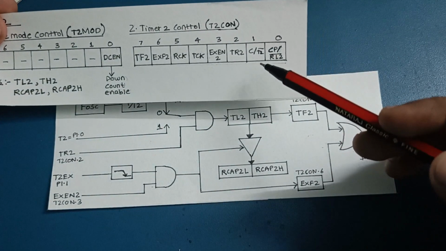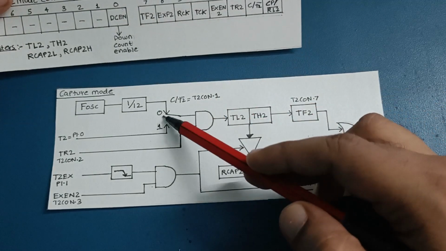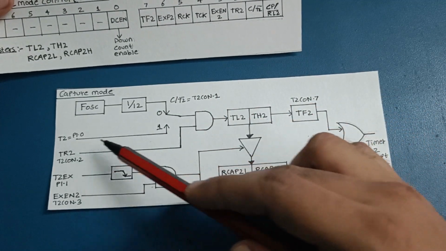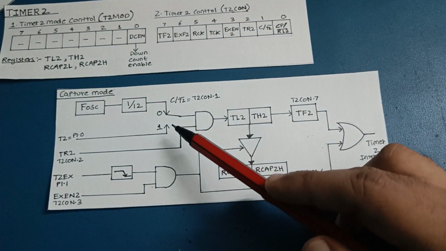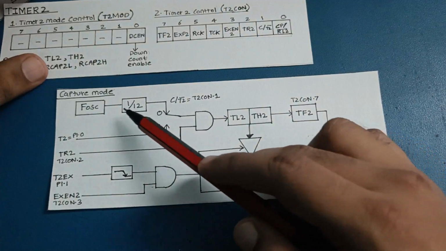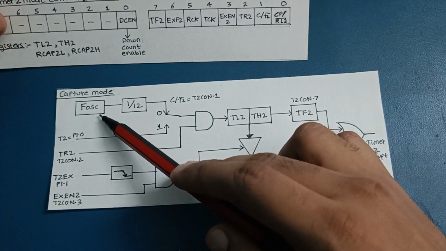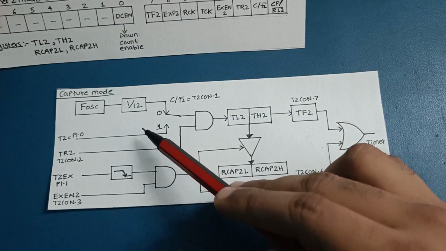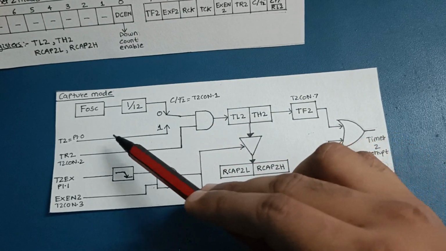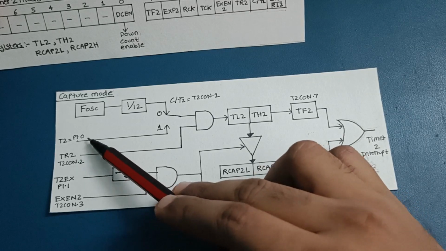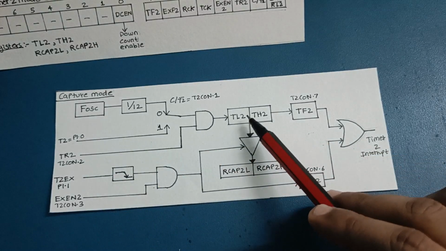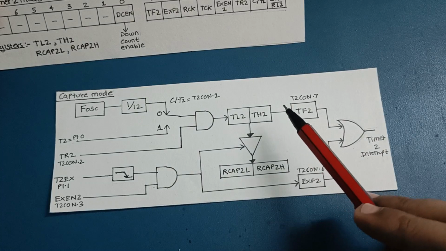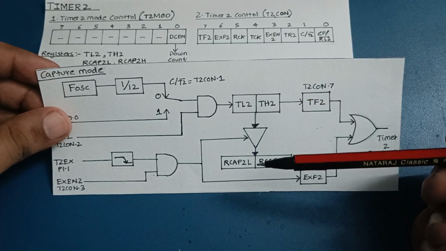When this bit C/T2 bar is 1, it will count the external pulses, and when it's 0, it will count the oscillator frequency, which is 16 megahertz divided by 12. We'll keep this 1 in our example so that we can use external clock pulses to see how these registers increment and how this capture takes place.